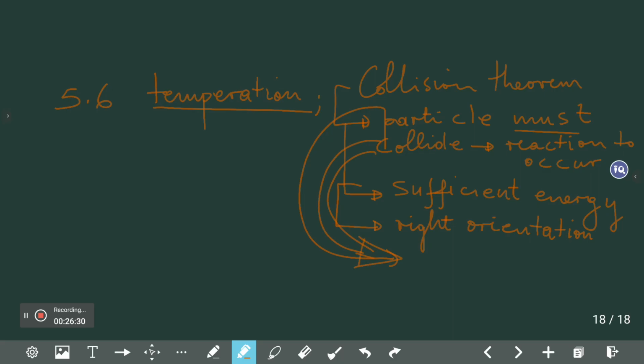Now, based on what we are saying here, what happens when you increase the temperature? The result is going to be a rise in the reaction rate, an increase in reaction rate.